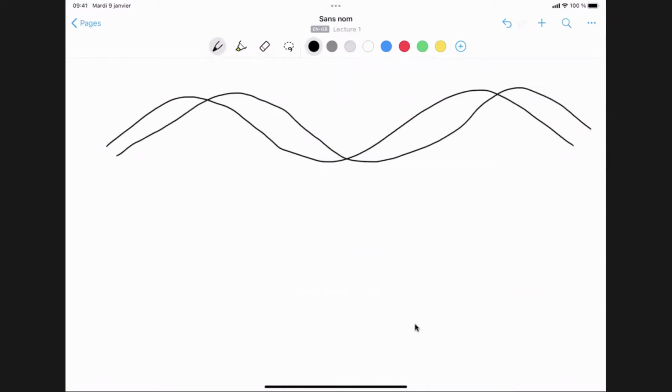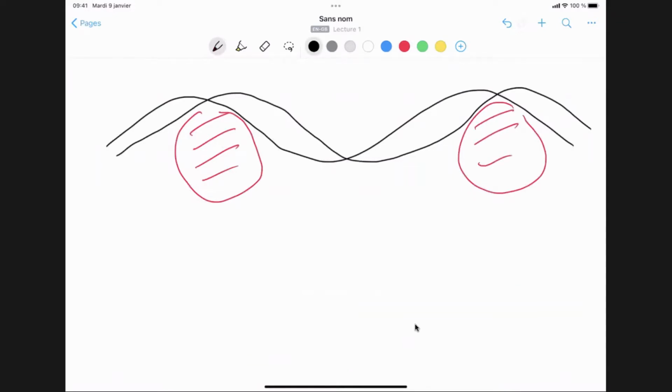So this is DNA and the interaction of two proteins is only in the major grooves. And we know that one turn of DNA represents 10 base pair.